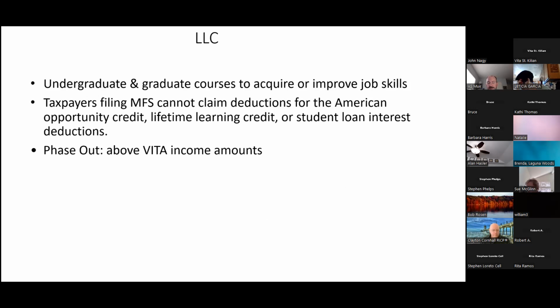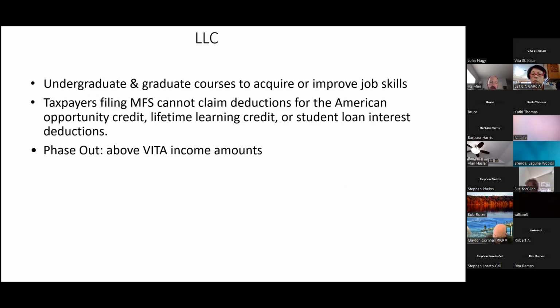And then your LLC, and no, that's not limited liability company. That's the lifetime learning credit. This is for anybody who's going to college or university to acquire or improve job skills. That's pretty broad. What that means is you're going to school, maybe taking a part-time course. I'll use me as an example.